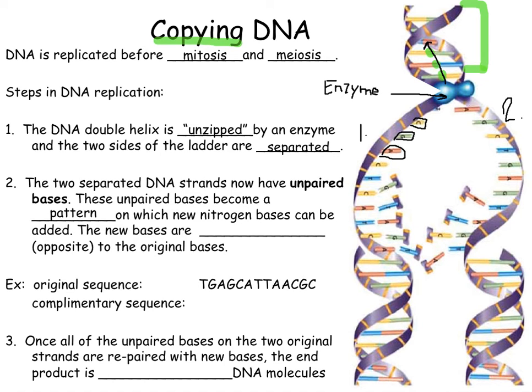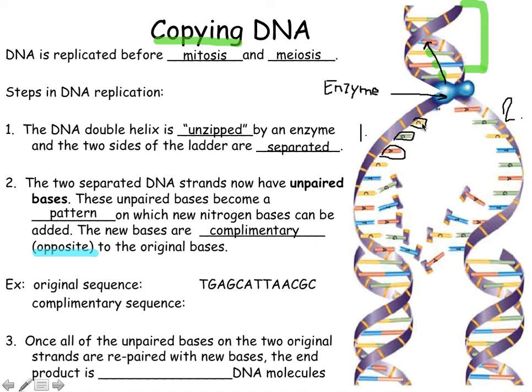Now remember that we can't just add any nitrogen bases we want to our separated strands. The new bases we add must be complementary, or in other words, opposite of the original bases. So let's take a look at what we mean.